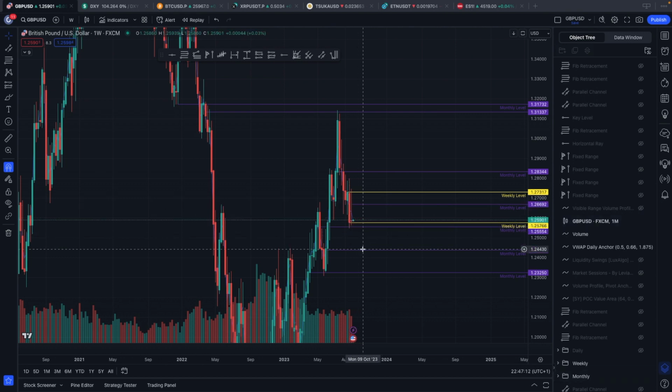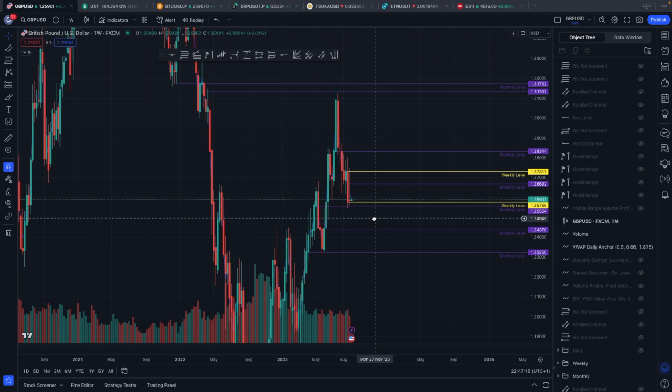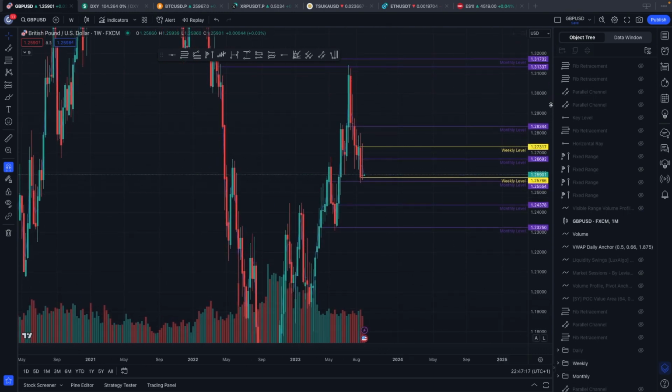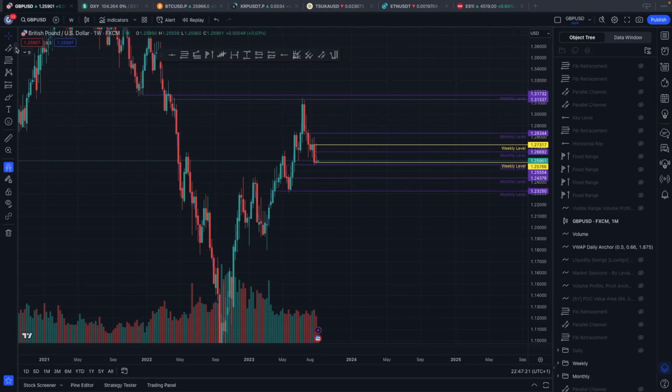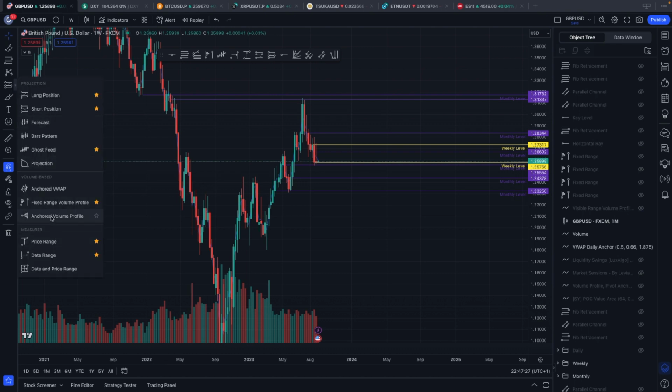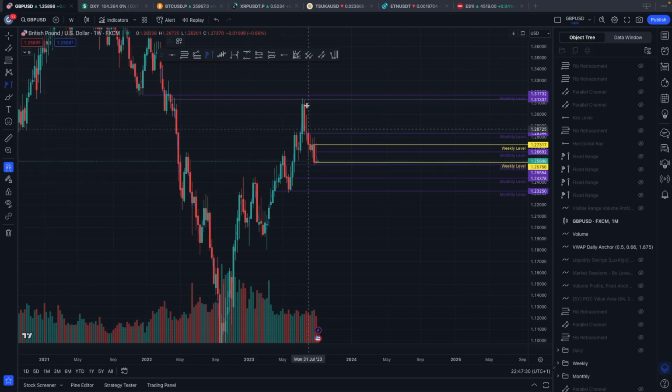We'll find out where the volume levels are. And while we're here, I just want to quickly have a look at the fixed range volume profile. So let's do it from this.